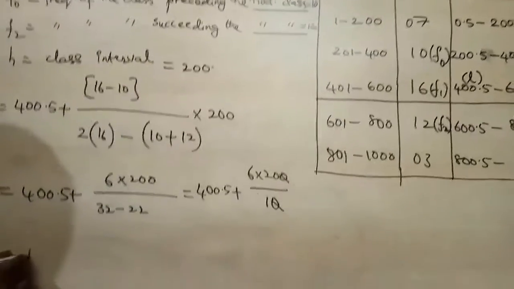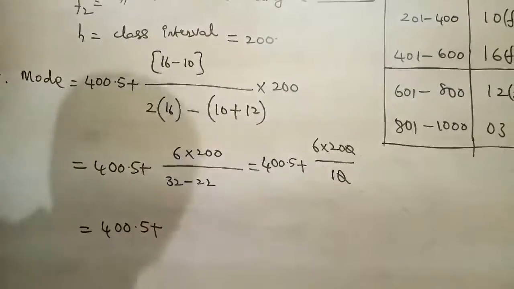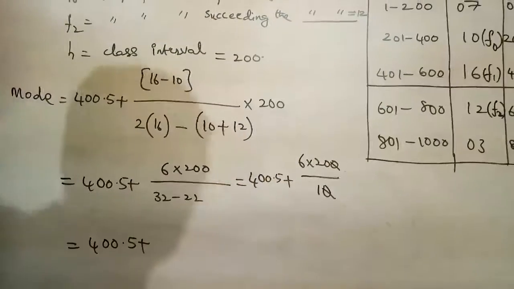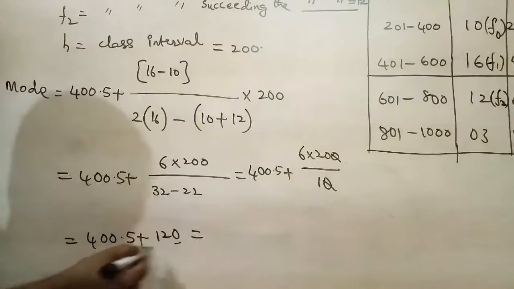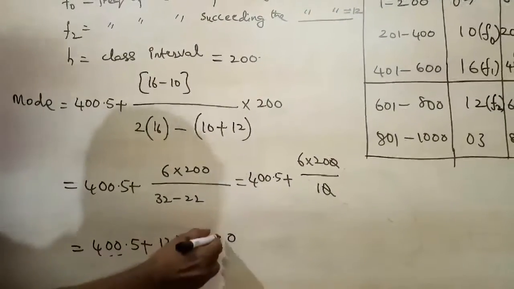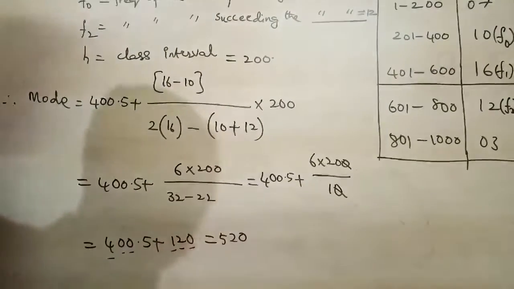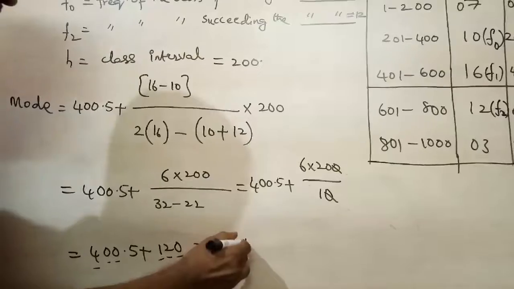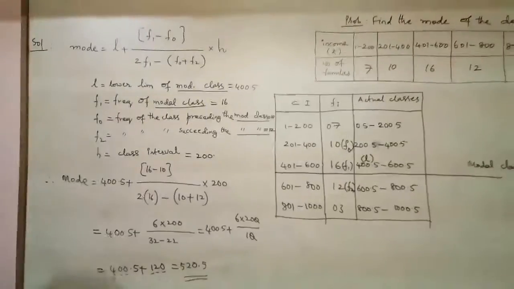You get 400.5 plus 6 twenties, which are 120. Adding, we get 520.5, which is the mode of the given frequency distribution.